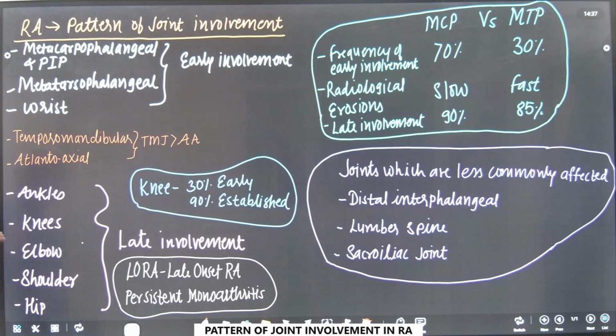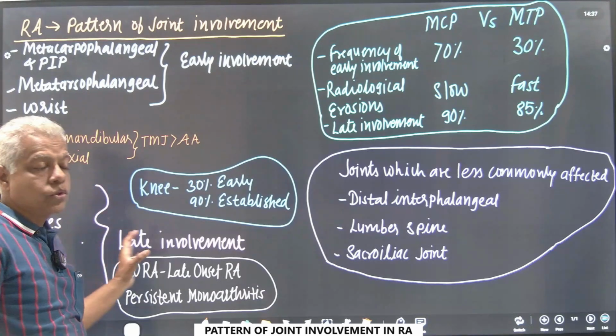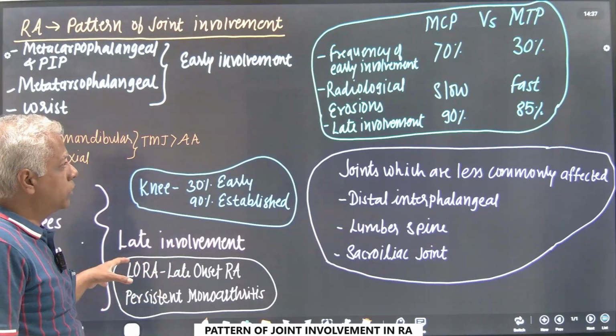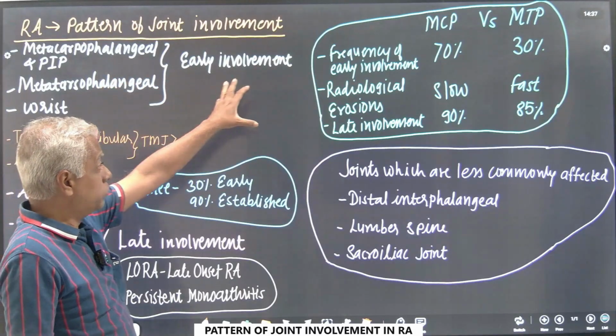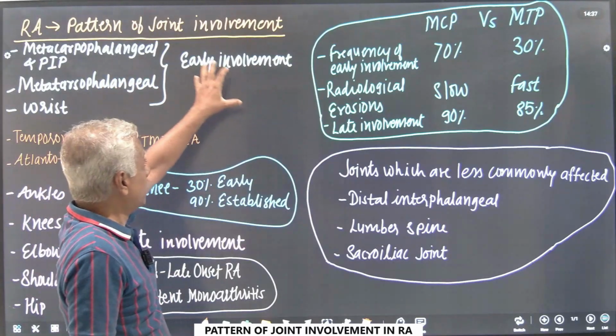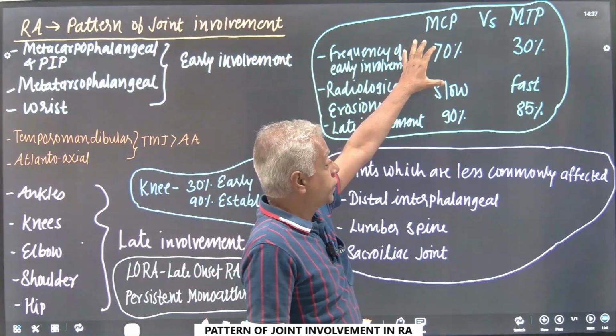So very importantly, which are the joints which are involved first, which are the joints which show late involvement. We have also seen, when we are talking of the early involvement, which joints are most likely to be affected.